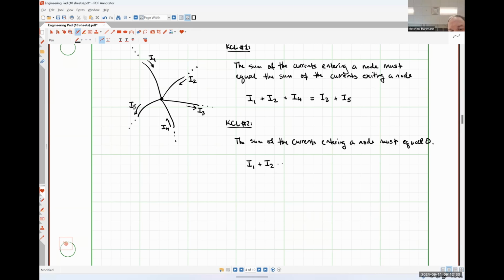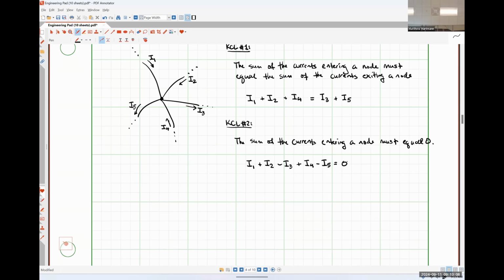So we'll have minus I3 plus I4, and then minus I5 is equal to 0. So our mathematical representation here is exactly the same thing as what we have above, except we just moved everything over to the left-hand side of the equal sign. So even though those look like different representations of Kirchhoff's current law, they literally give you the exact same result because they are fundamentally the exact same thing.